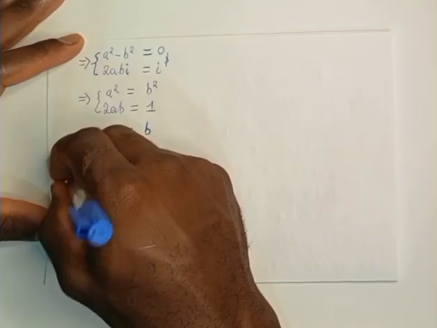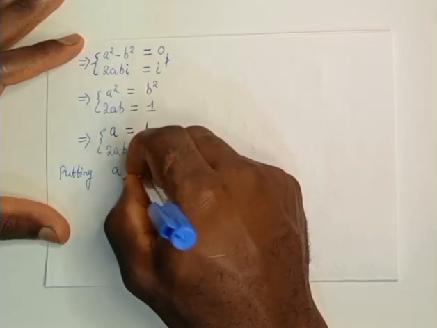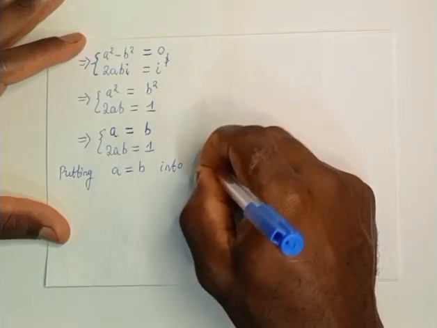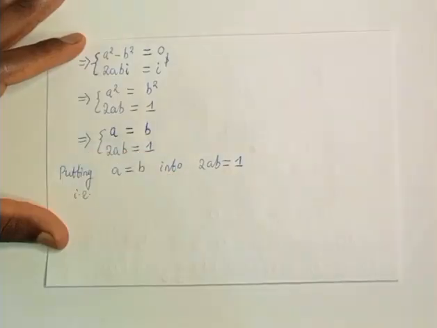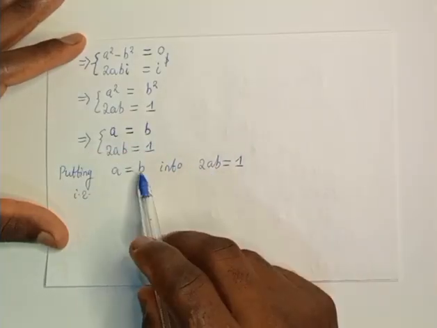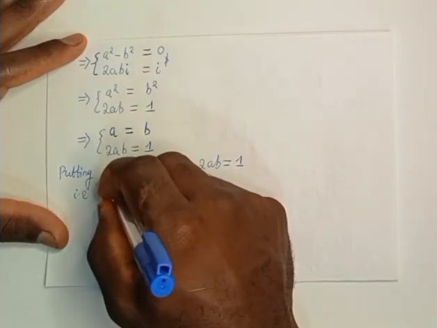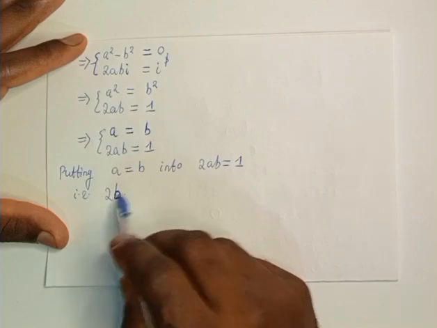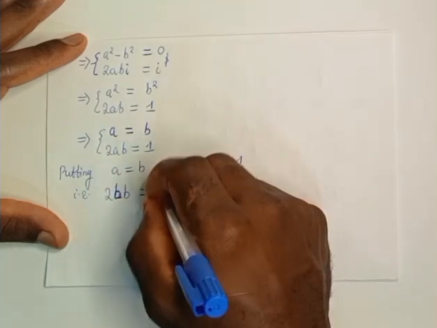Next, we put a equal to b into 2ab equal to 1. That is, anywhere we see a, we replace a with b. This will give us 2b, replacing a with b, 2b times b is equal to 1.